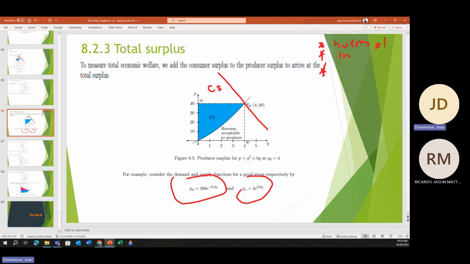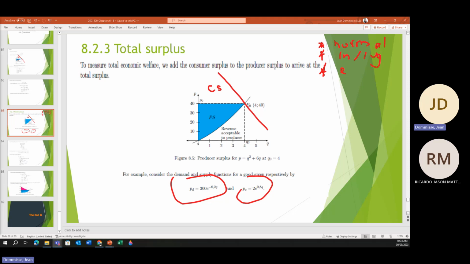You could have the one with lin or log, and then like we do have here, your e function, your exponential function. So again, producer surplus and consumer surplus can be any one of those 3.